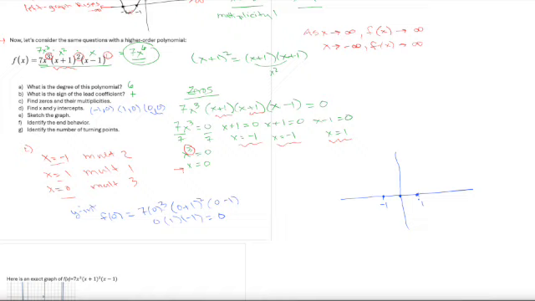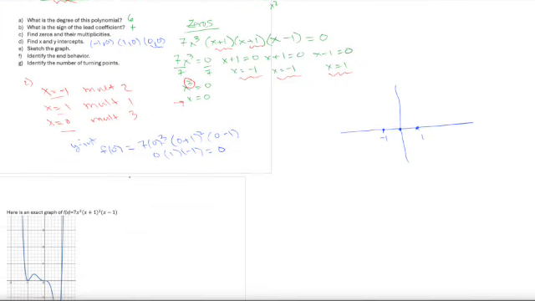Okay, so now I need to determine what goes on at these intercepts. Does the function cross? Does it touch and go back in the same direction? What is the end behavior of the graph? What's happening at the ends of the graph? And then, of course, we would want to discuss the number of turning points. Those are the small additions that we need to expand upon.